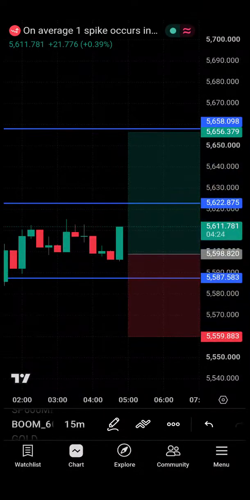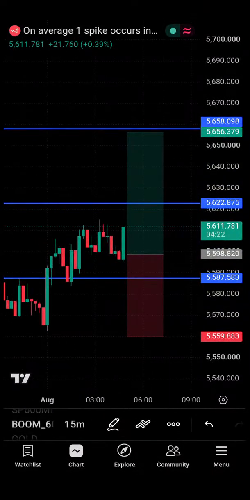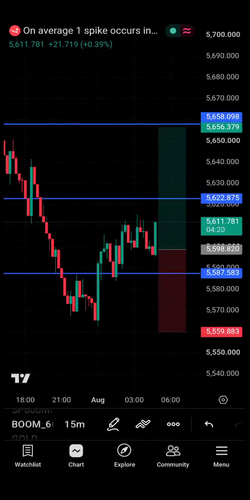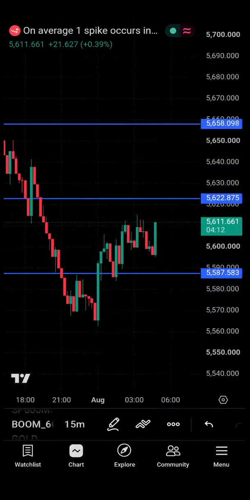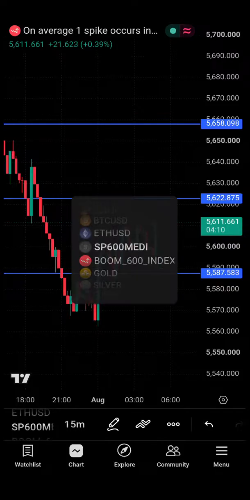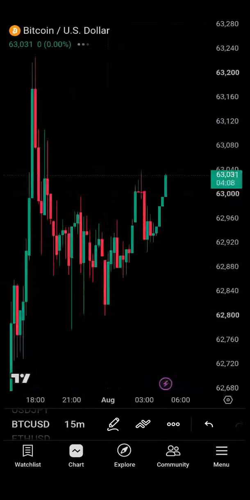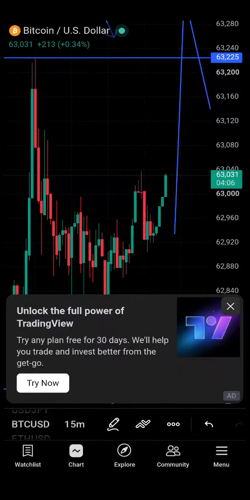Okay, you can see there's a spike now. There's a spike. So yeah, guys, that's it on Boom 600. But so far, I hope you learned one or two things on how I break down the chart. I use top-down analysis.